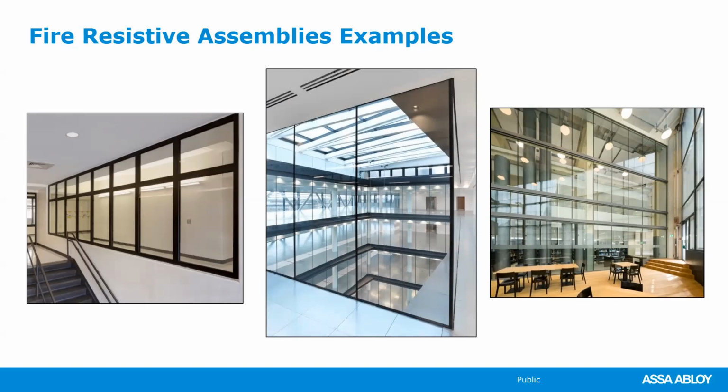Another thing to note is the amount of glass you have. There is a possibility, depending upon where you're using the assembly, you could obtain some LEED points because you're not using artificial light. You can bring light further into the building by using this product rather than having it be a drywall wall.